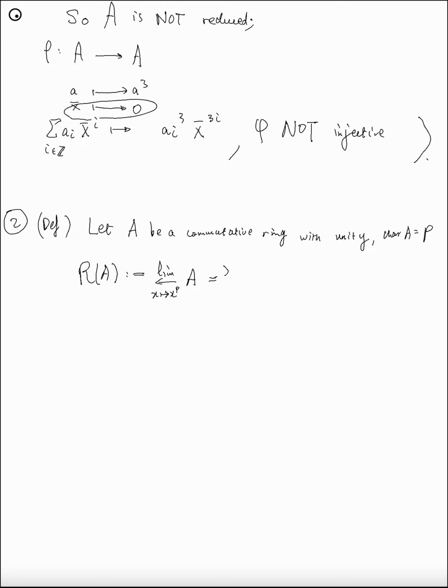So it consists of those elements x0, x1, and so on in the direct product of A, just as a set, the Cartesian product of A as a set, such that x n plus 1 to the power p equals x n for any natural number n.